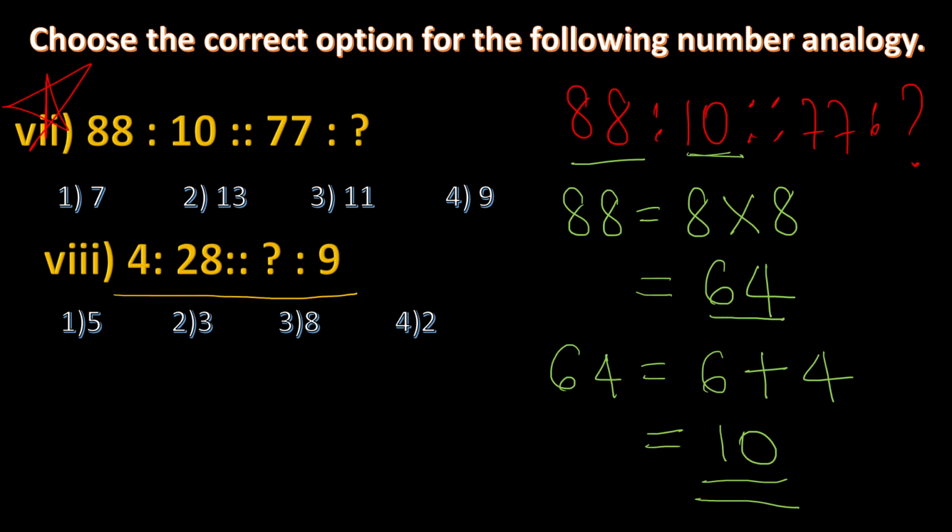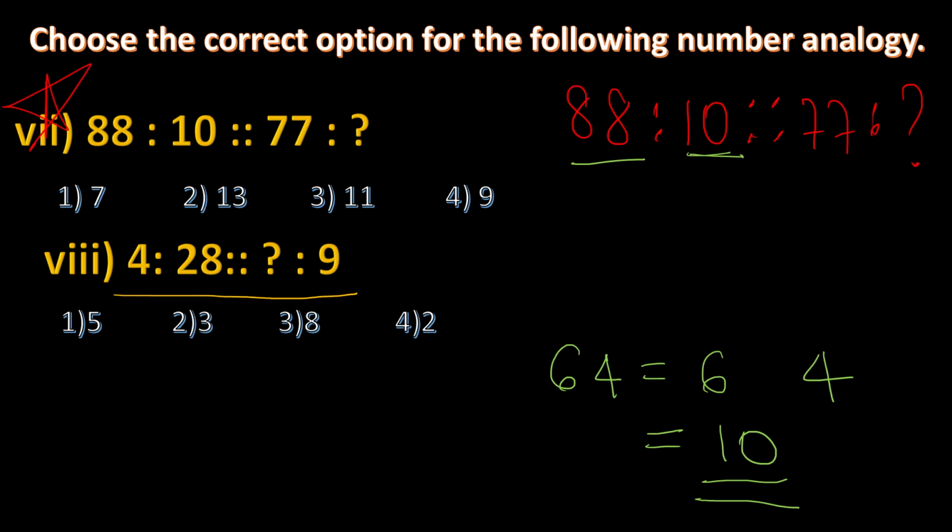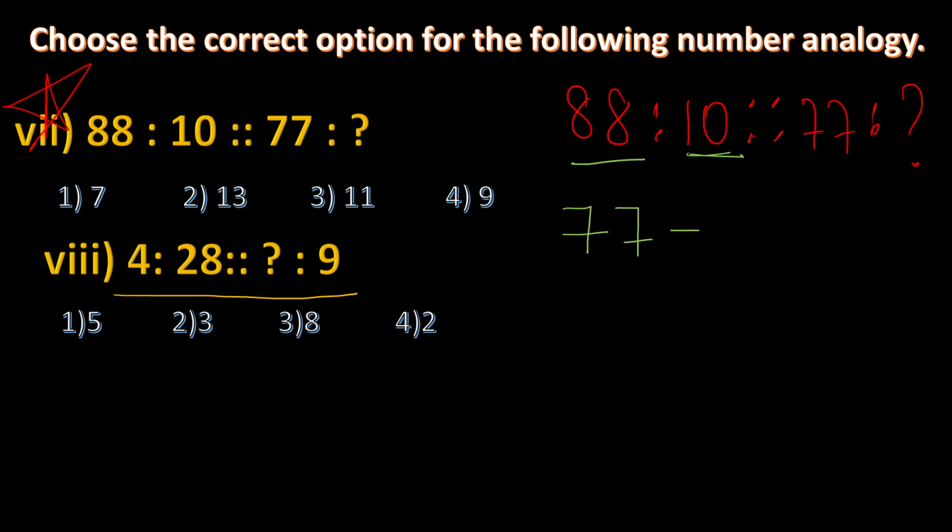Same logic should be used for 77. Okay. So you have 77, 7 into 7, which will give you 49.